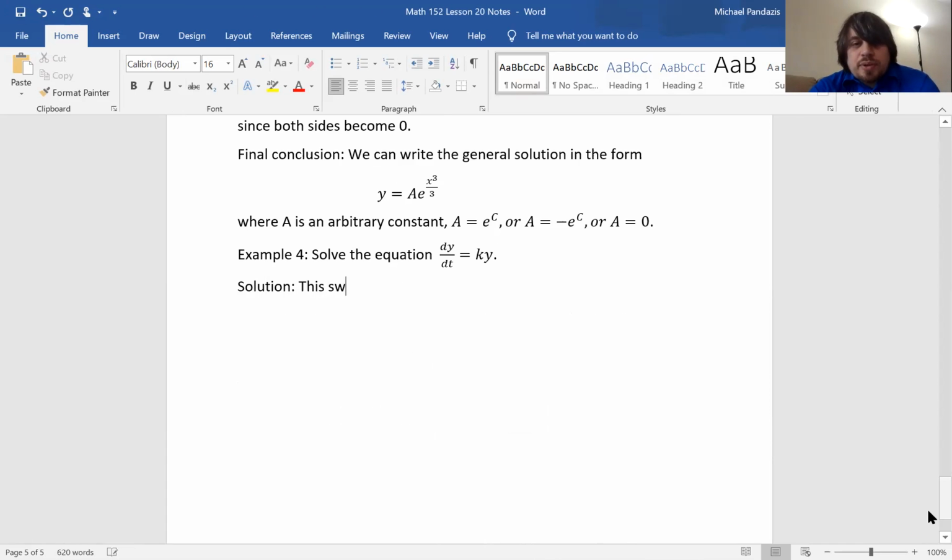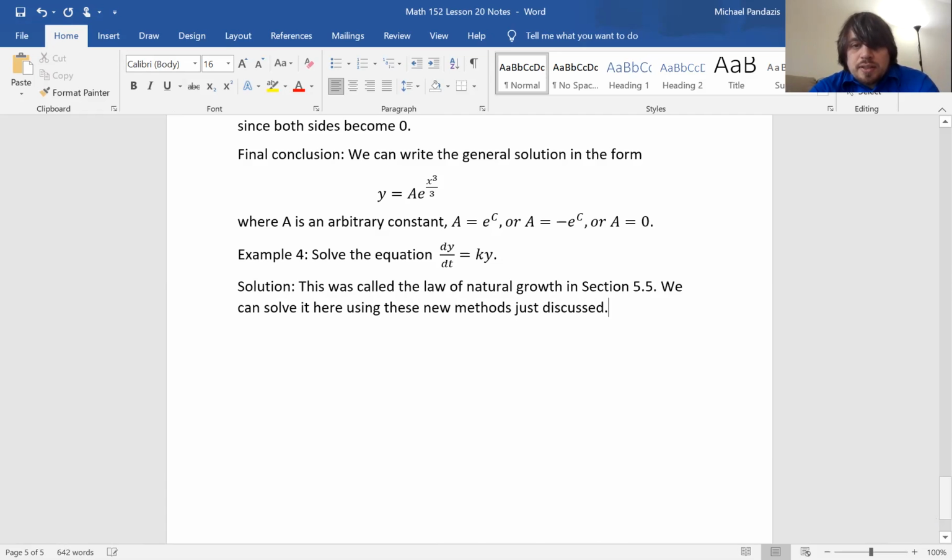Okay, so this was called the law of natural growth in section 5.5. So we can solve it here using these new methods just discussed.